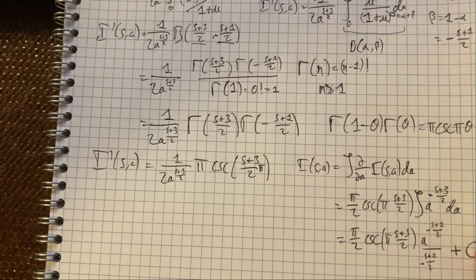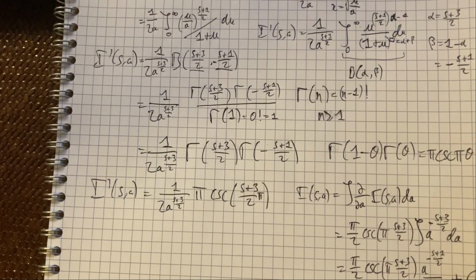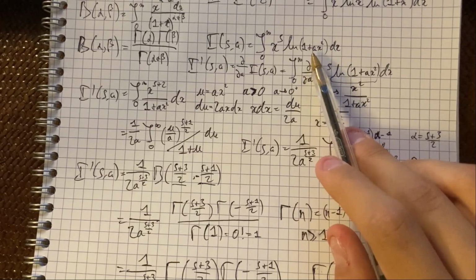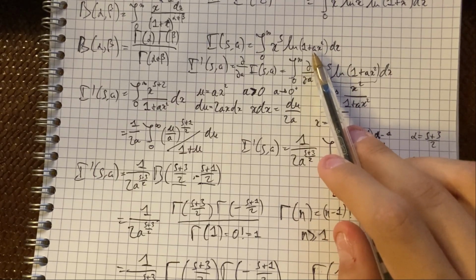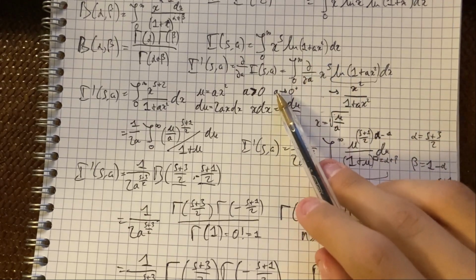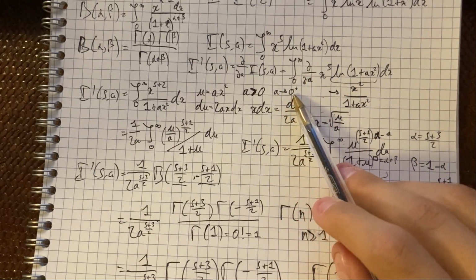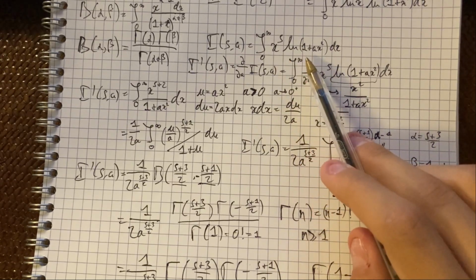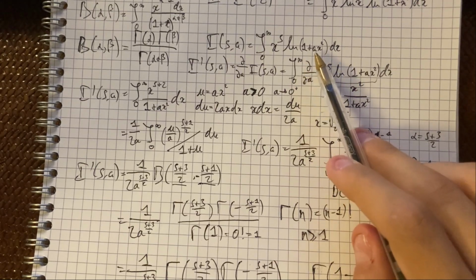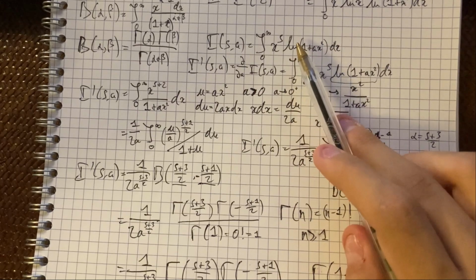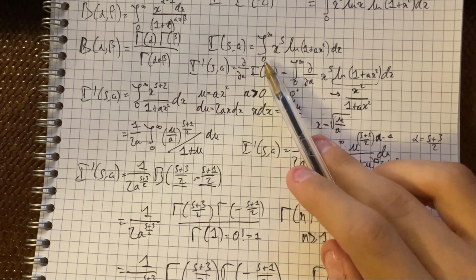The simplest case we know of here, this integral, is the case a equals 0, or as we know, a is greater than 0, which means a approaches 0 plus. But, well, the integrand here is continuous, so when a approaches 0 plus, the integral goes to 0 anyway.